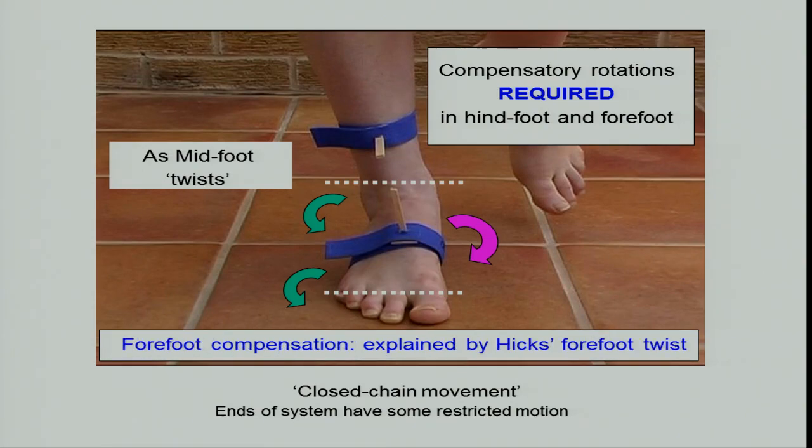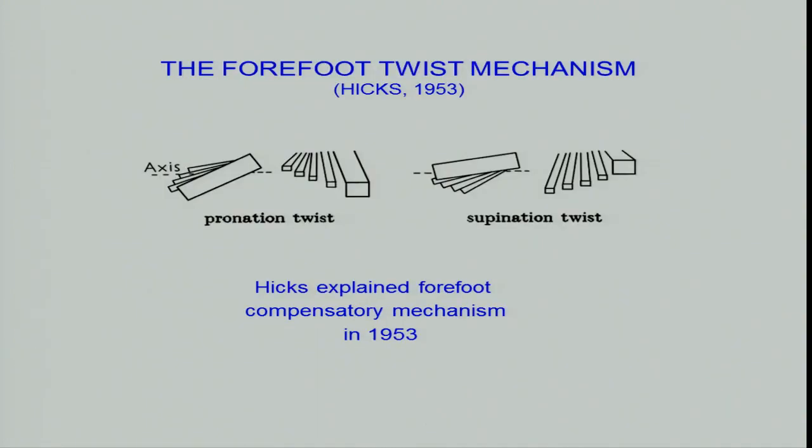Now this forefoot movement can be explained by Hicks's forefoot twist. In actual fact, he described this in relationship to compensating for slopes of the ground. So that if the ground sloped that way, the metatarsals could just do that, and if the ground sloped that way, the metatarsal heads could do the other way.